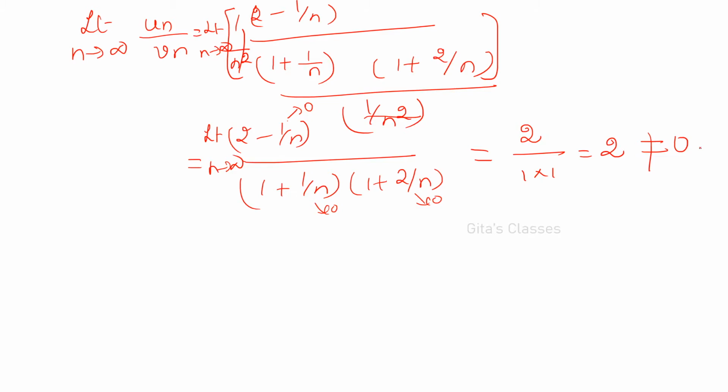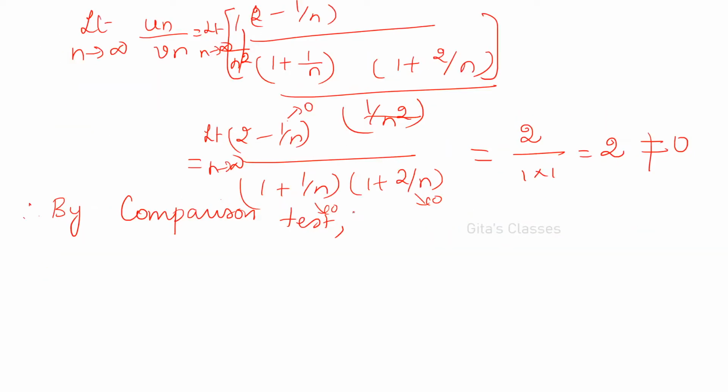The conditions are that you have to find out sigma Vn. After that, limit n tends to infinity, Un by Vn, you have to show that this is a non-zero value. If you get like this, then what can you say? Therefore, by comparison test, what we have decided, sigma Vn we have taken, right?